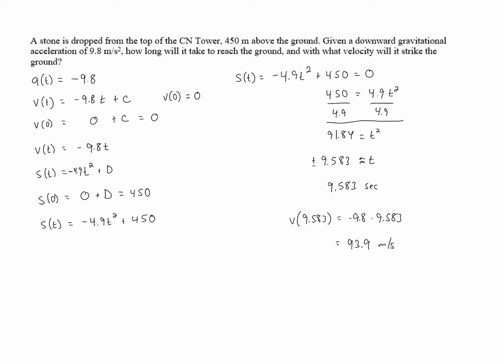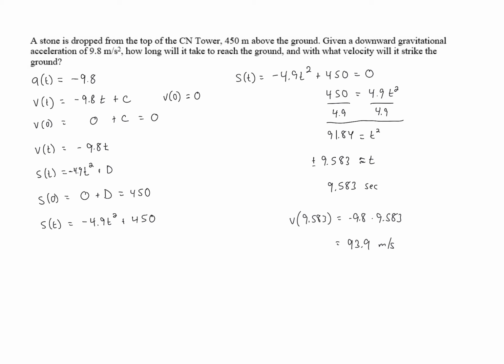Oftentimes with these problems, you're going to be given an initial velocity and an initial position, and you can use those to figure out the constants. That gives you your total function for position, an exact function. Once you know that, you can use the math you've already learned to solve problems. We want to know when it hits the ground.